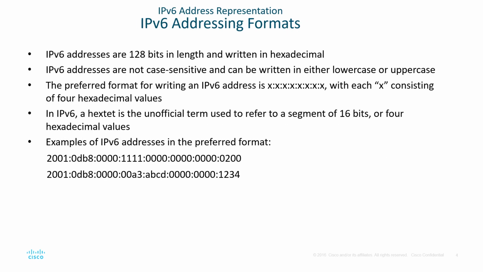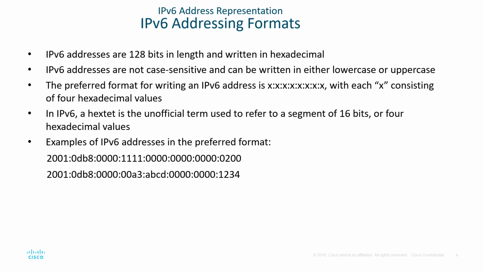Now, again, IPv6 addresses are 128 bits in length and they are written in hexadecimal. They are not case sensitive and they can be written in either lowercase or uppercase. The preferred format for writing an IPv6 address is using X's that indicate the hextet, separated by a colon. Each X is going to consist of 4 hexadecimal values.